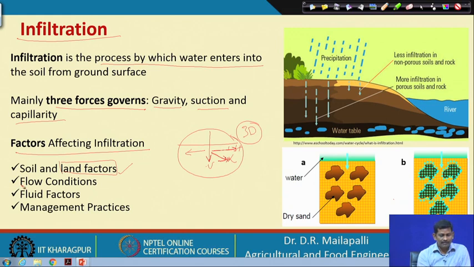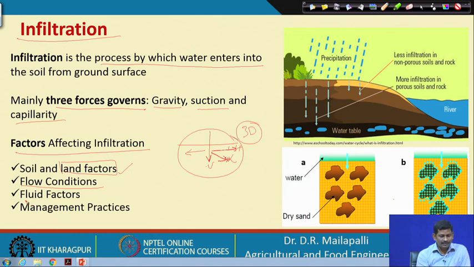And then the flow conditions. What are the flow conditions? Flow could be turbulent or laminar. With laminar flow it is a nice, calm flow with a lot of opportunity to infiltrate, compared to turbulent flow, which is very fast and is going to erode. The erosion will seal the fine pores, and the infiltration will sometimes cease.